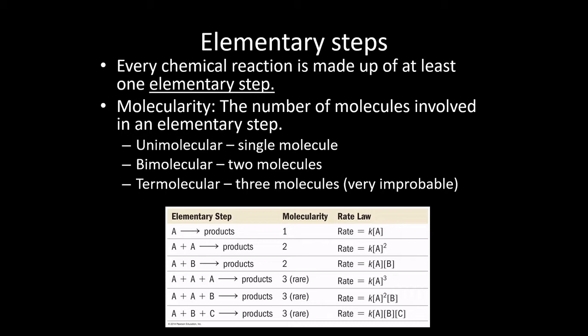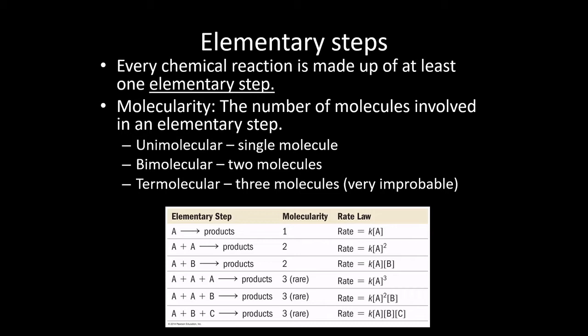We can have a unimolecular elementary step, which is involving just a single molecule. We can have bimolecular elementary steps, where you have two molecules participating, and then very, very rarely, three molecules could collide to have an elementary step occur.